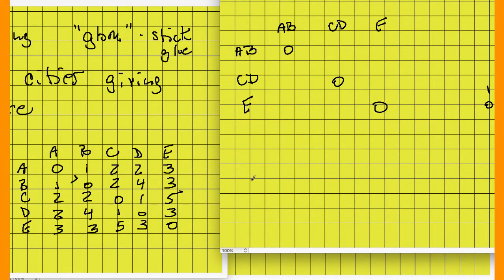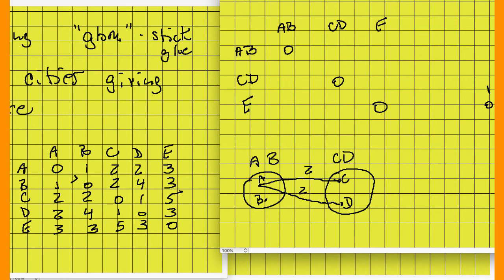So here's A and B, so I'm going to come in over here, and here's A, and here's B, and here's CD, and let's call this C, and let's call that D. So from A to C is 2. From A to D is 2.